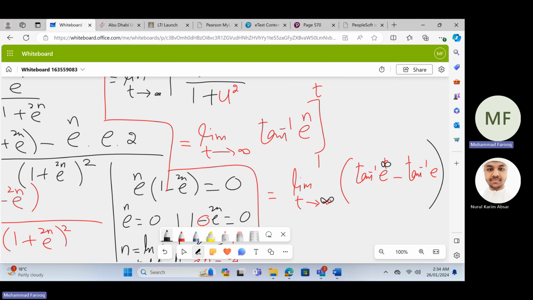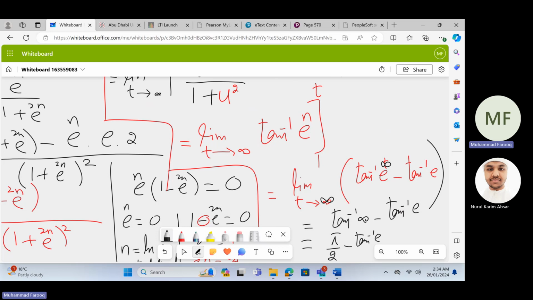What is e to the power infinity? Infinity. So tan inverse infinity, very good, minus tan inverse e, which is a finite number. Don't write the answer as a decimal; keep it as it is. Tan inverse infinity is pi over 2. So pi over 2 minus tan inverse e.